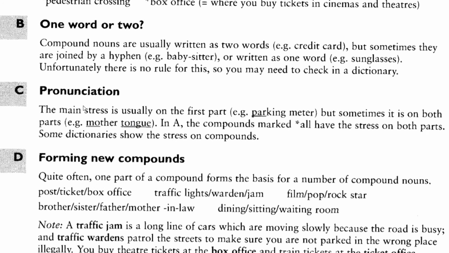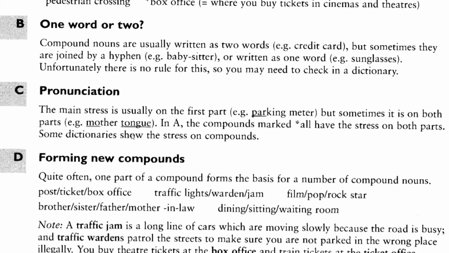So here, in this case, we have the stress on both parts of the word. In A, the compounds marked with a star all have the stress on both parts. Some dictionaries show the stress on compounds. Okay, so this is done for the pronunciation. In short, the main stress is usually on the first part, like parking meter, but in other examples we have the stress on both. Forming new compounds.